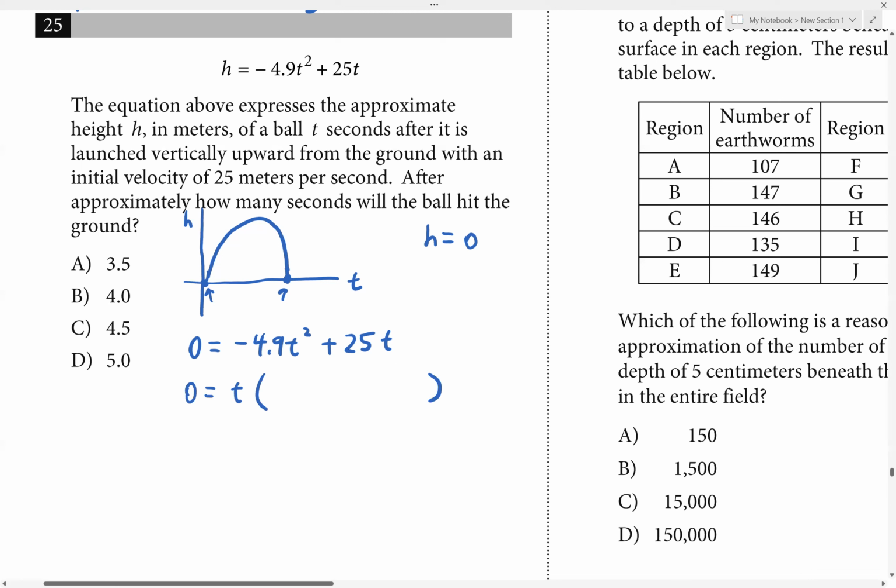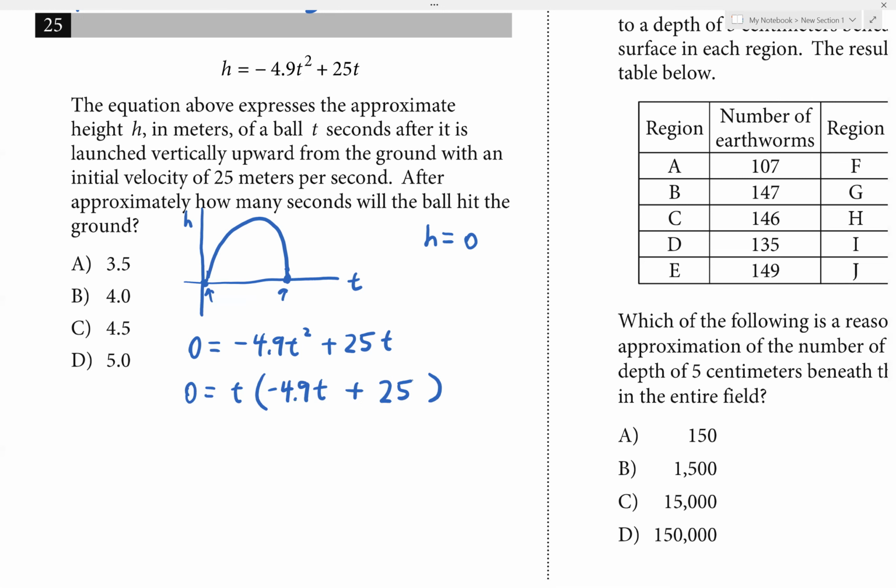So we pull out a t in front. Dividing t out of negative 4.9 t squared, we get negative 4.9 t, and dividing t out of 25t, we get plus 25. So that would be the factored form.